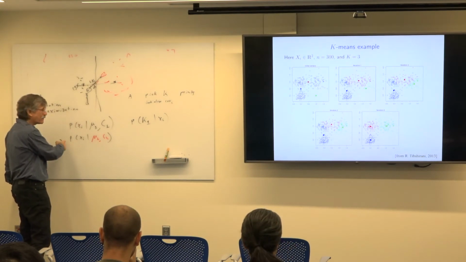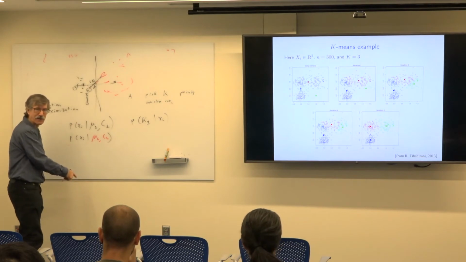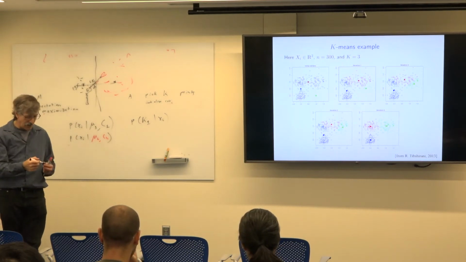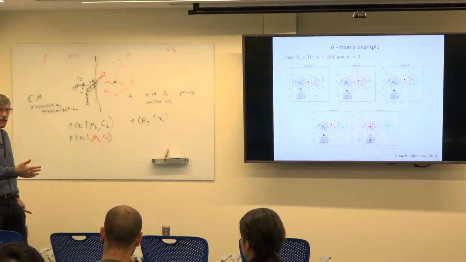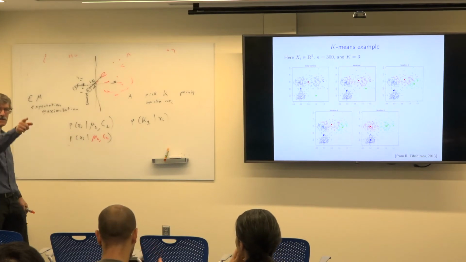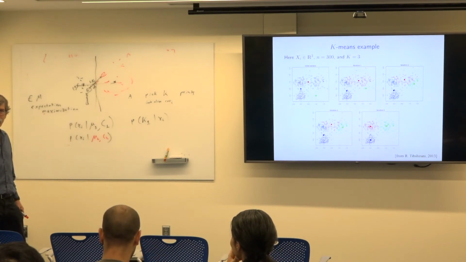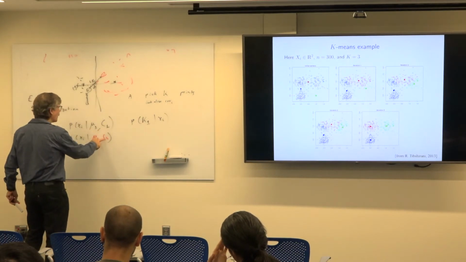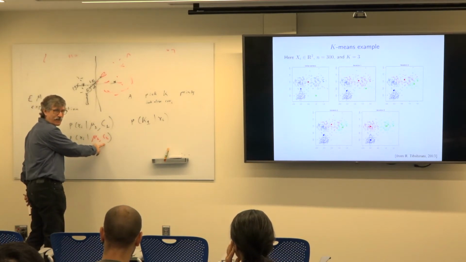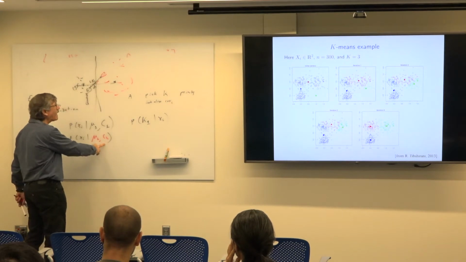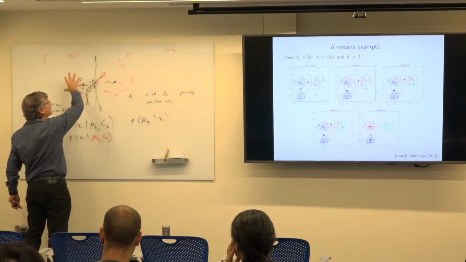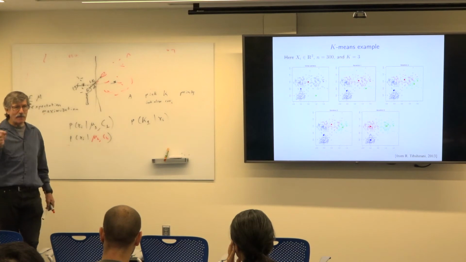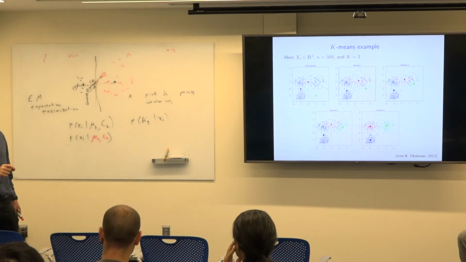If there's n points, we'll take this out of the sum of the likelihoods, and that's what Bayes' rule would give us. And so for each data point, we can compute a probability that it belongs to this cluster, that cluster, that cluster. And all we need to be able to compute that is the means and the covariance matrices. Okay? So we now have each data point with a probability distribution across the clusters to which it might belong.